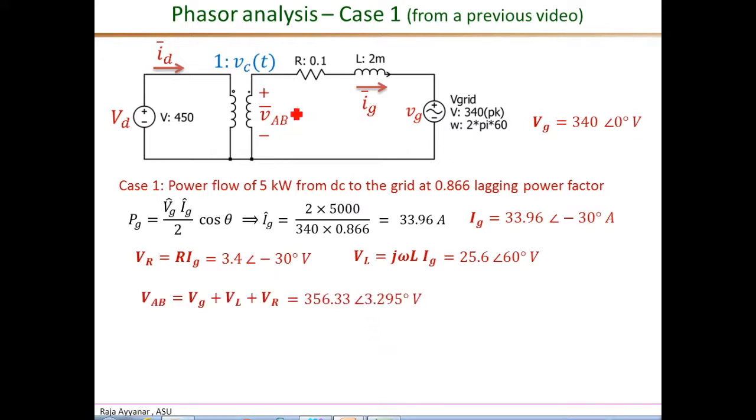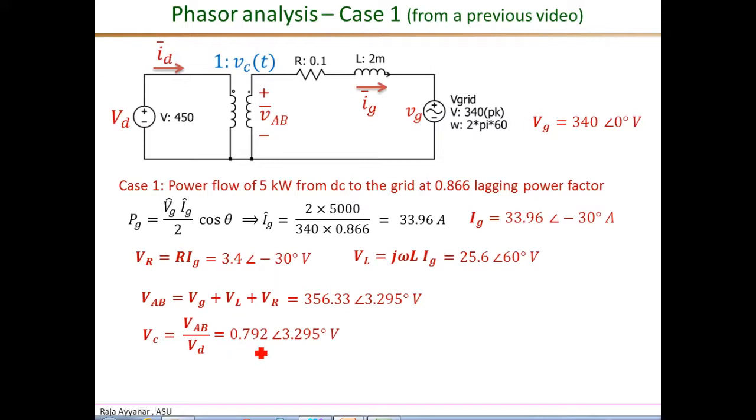Then we can get the VAB phasor as the sum of the grid voltage Vg, VL and VR, all in phasors, and that is written here. VAB sums up to be 356.33 volts with an angle of 3.295 degrees leading with respect to the grid voltage. From that we can calculate the control voltage as a phasor, which is simply VAB over the DC link voltage 450.